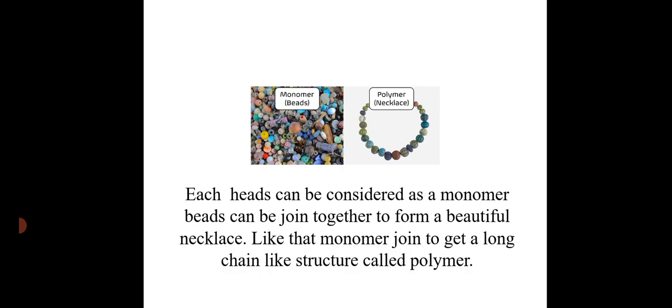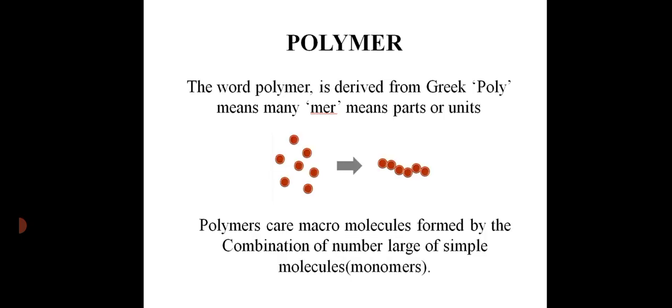So we can look at the definition of a polymer. The word polymer is derived from Greek. Poly means many and mer means parts or units. So how can we define a polymer?